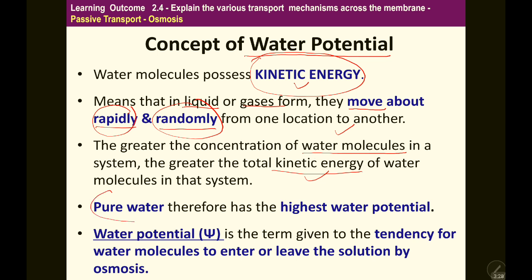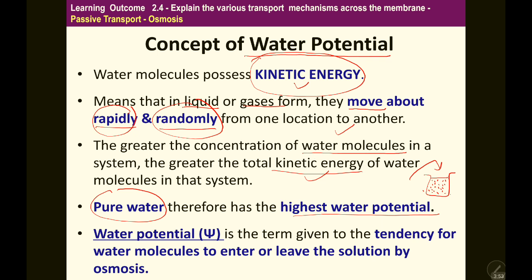Therefore, pure water has the highest water potential. Pure water means we do not have any solute inside this water, so it is all water molecules. They can move very rapidly and randomly, therefore their water potential, or kinetic energy, is highest.